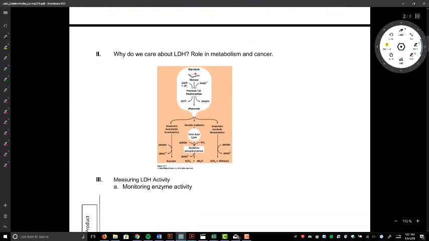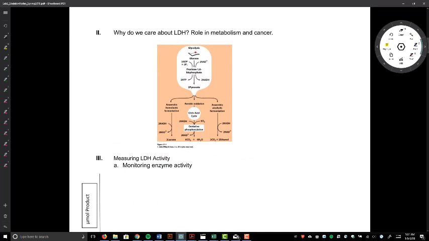So I'm talking about LDH here, and you may be wondering, why do we care about LDH? So very briefly, the energy in our body, so the production of ATP, comes from glycolysis, which produces 2 ATP, some electron carriers, and then 2 pyruvate molecules.